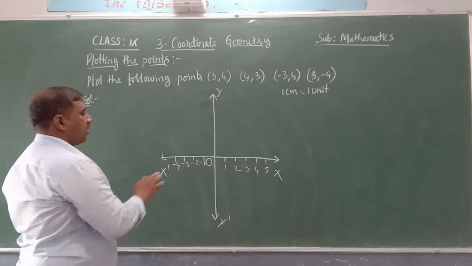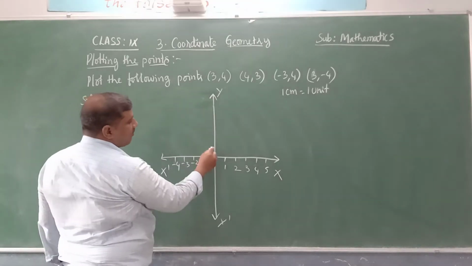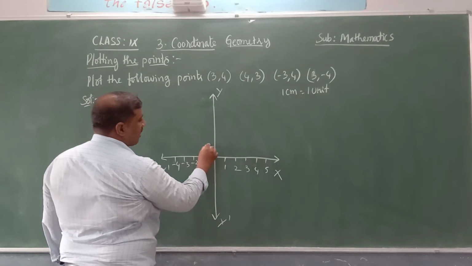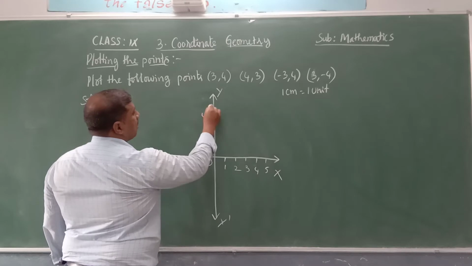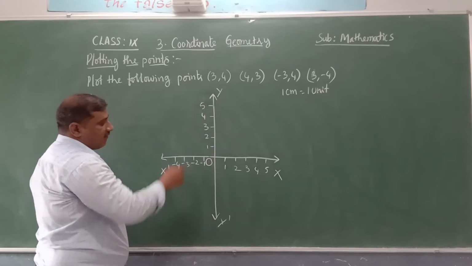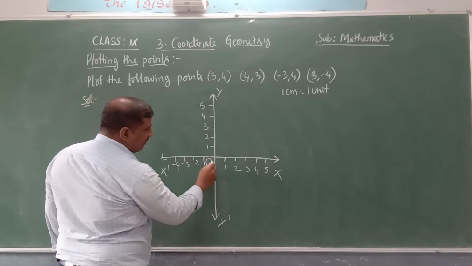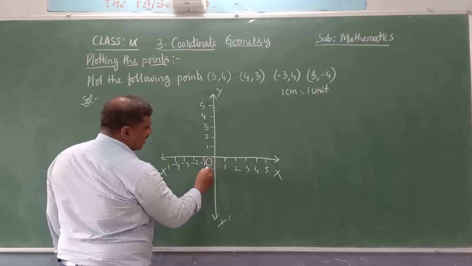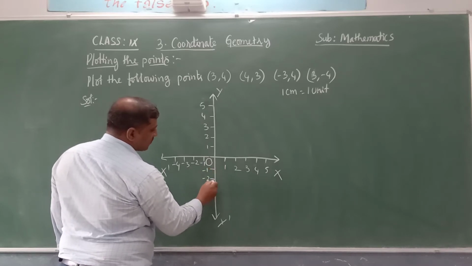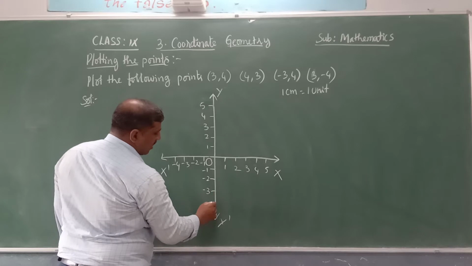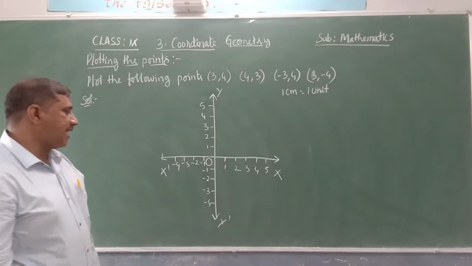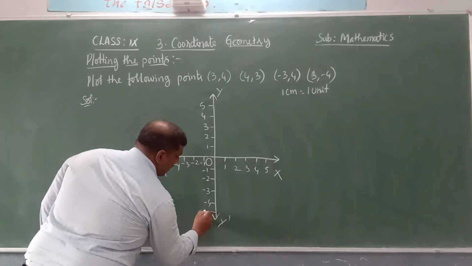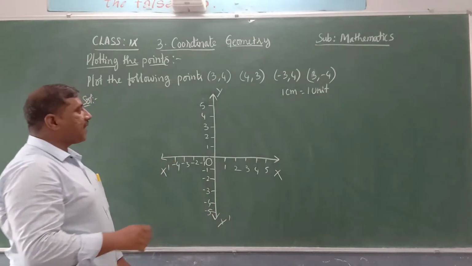Now on the y-axis, above the origin we take 1, 2, 3, 4 and 5, whereas below, on y dash, we take minus 1, minus 2, minus 3, minus 4, and we can continue minus 5, minus 6 and so on. Now we have to locate the points.